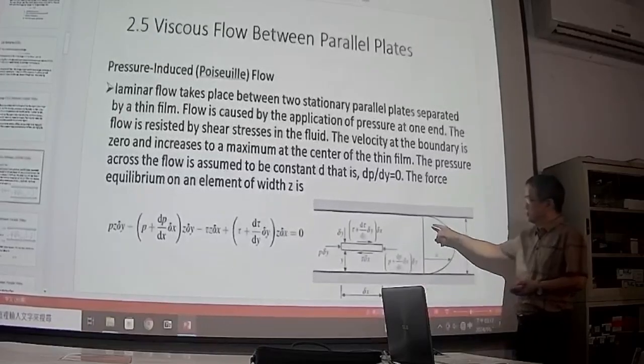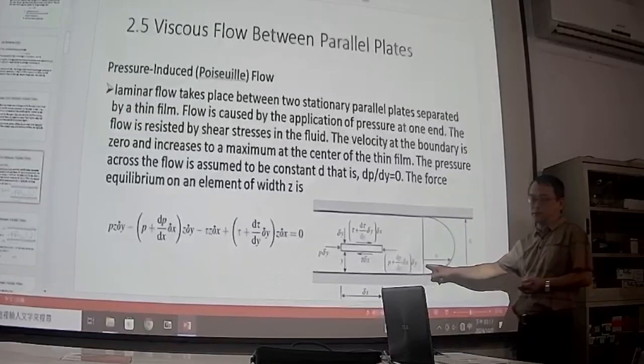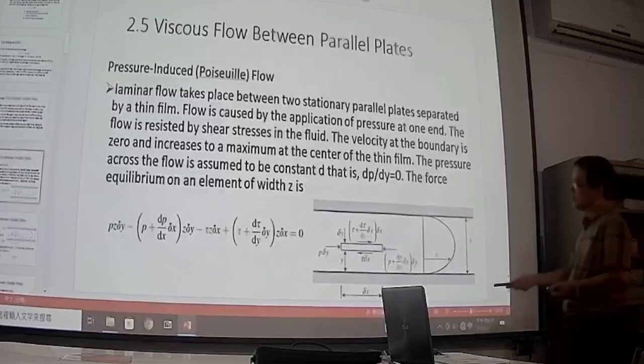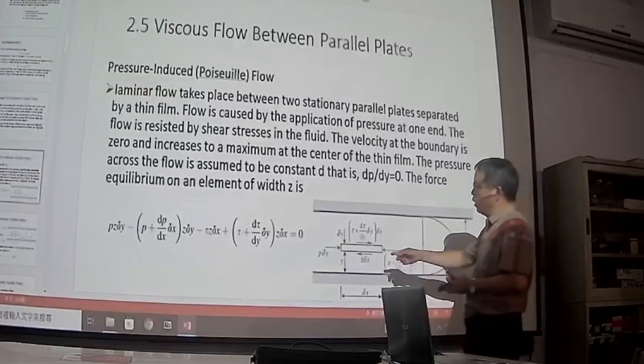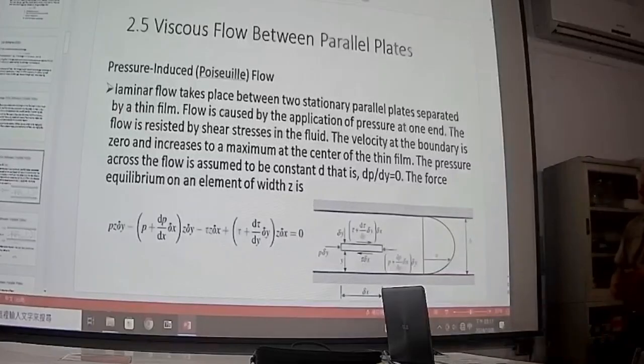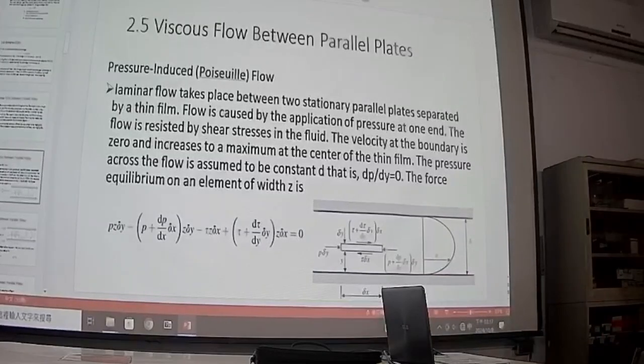And here we take one small lubricant element and look at the free body diagram for this small element.